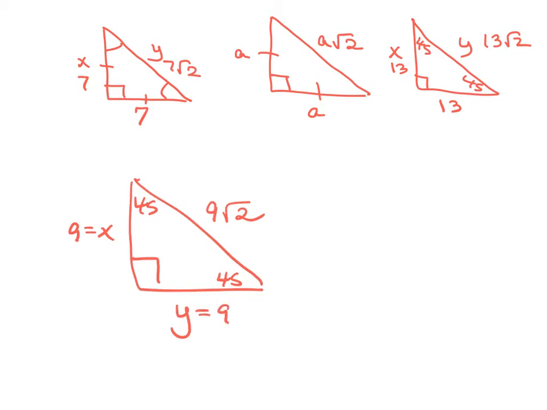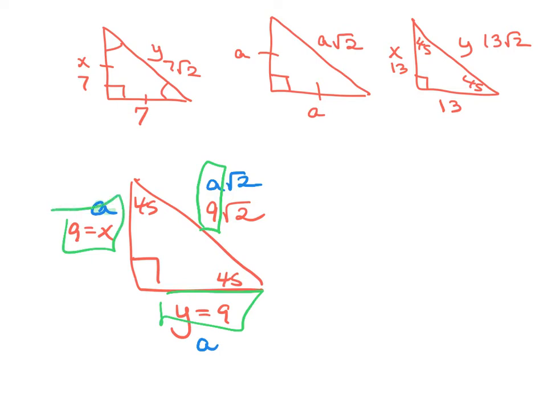Okay, the two legs, remember this leg is A. This leg is A, and the hypotenuse is A square root 2. So if your hypotenuse has a square root of 2, then your A value is what's right here in front. So that's how I got 9 for this one and 9 for this one.